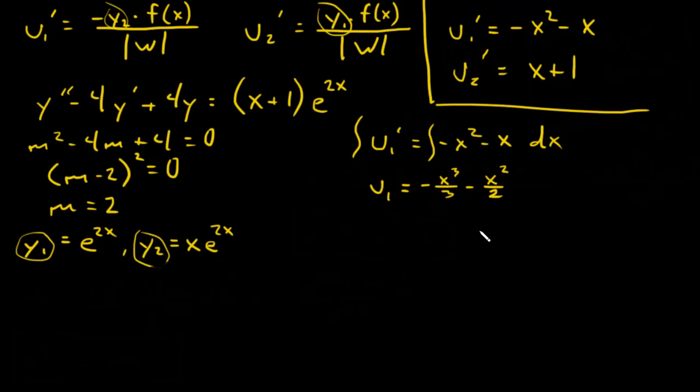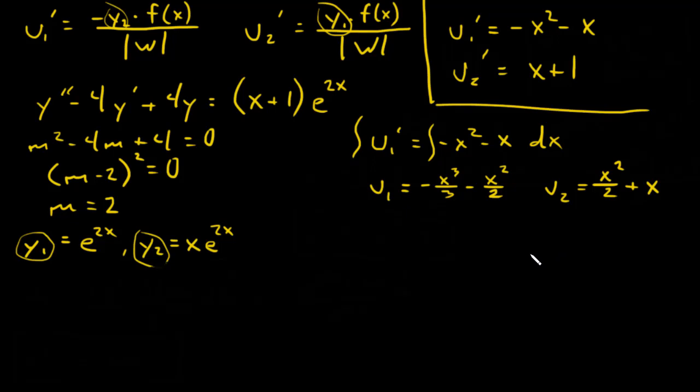And u2 is going to be handled exactly the same way. So u2 is going to be the integral of x plus 1, which is just x squared over 2 plus x. Okay? Now, here we go.